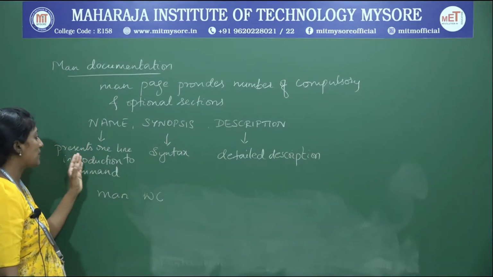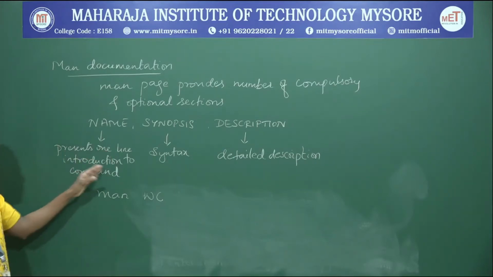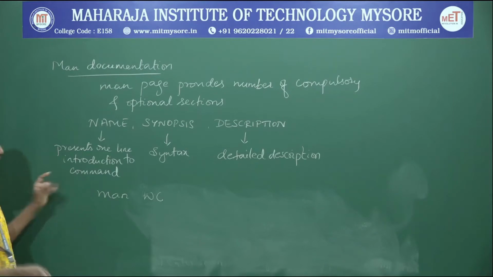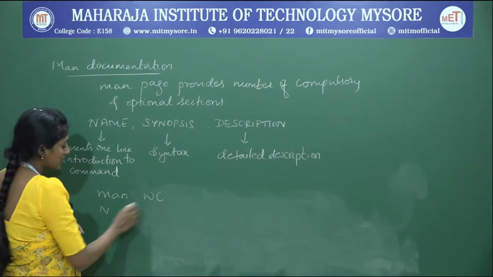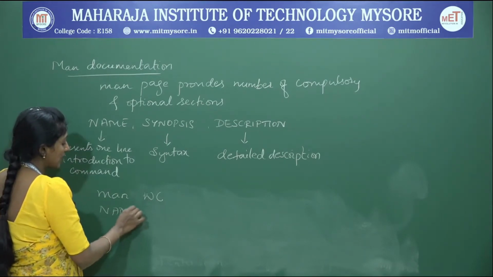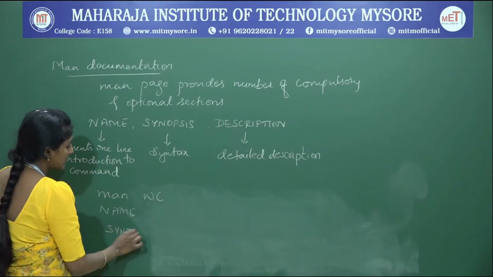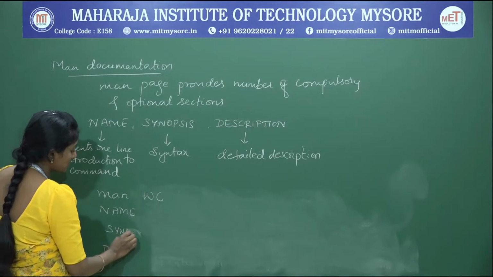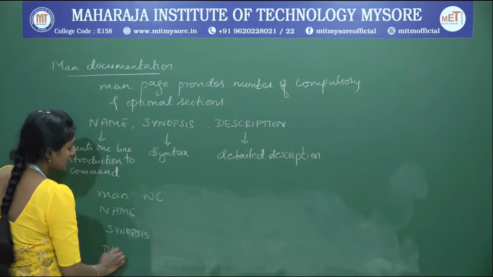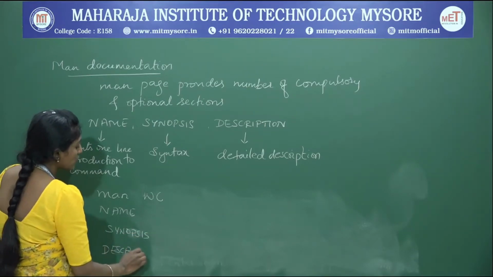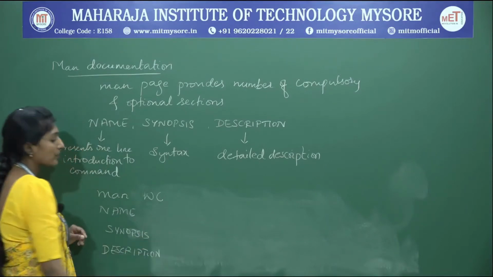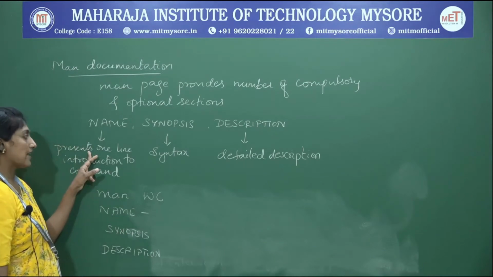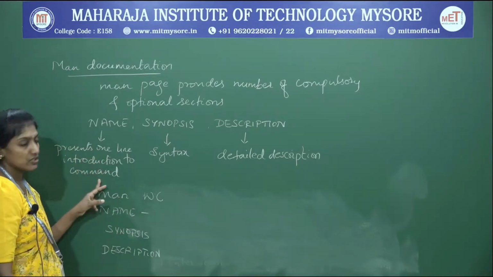First, name: it presents a one-line introduction to a command. Once you execute this, it will display the name, the synopsis, and the description. These three sections are common to all commands. The name section presents a one-line introduction to a command.